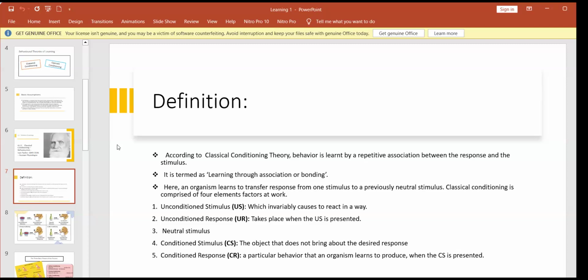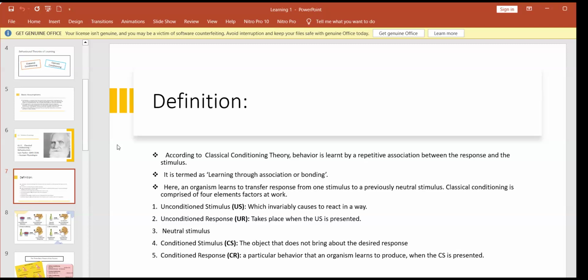Now, after some time, you can see the dogs salivating to the sound of the bell. How come? Because over a period of time, repeatedly, to give food, he rang the bell. So the food and the bell were combined, bonded, associated.